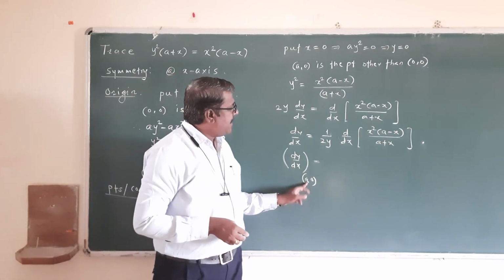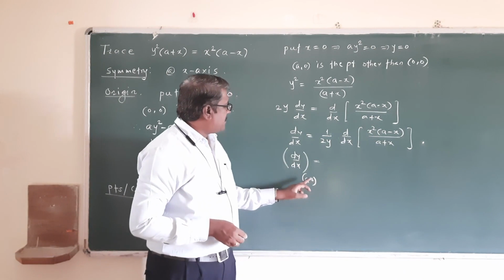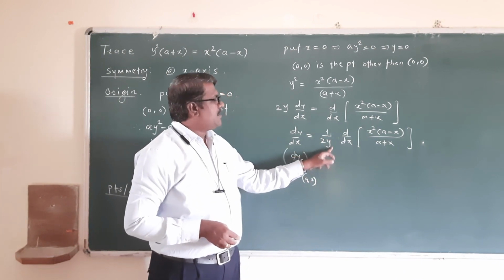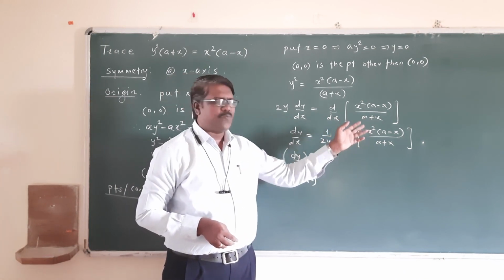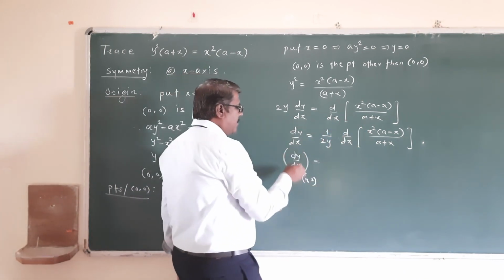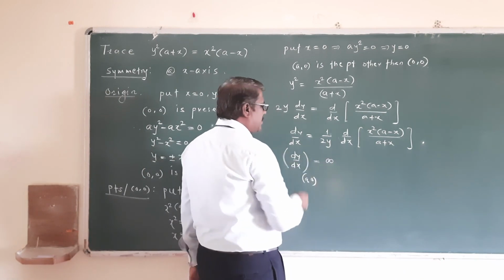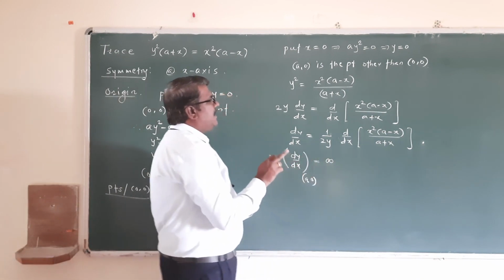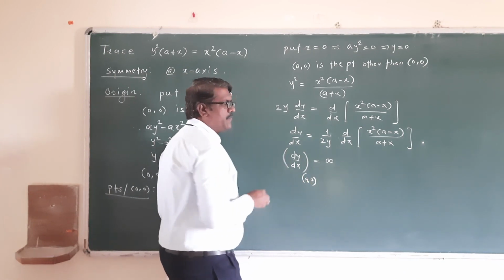When x is a, this numerator will be 0, and when y is 0, this denominator is 0. But after performing this differentiation and after applying L'Hospital rule, we will get the value of dy by dx, it is infinity. But if dy by dx is infinity, it means tangent is parallel to y-axis at the point a comma 0.